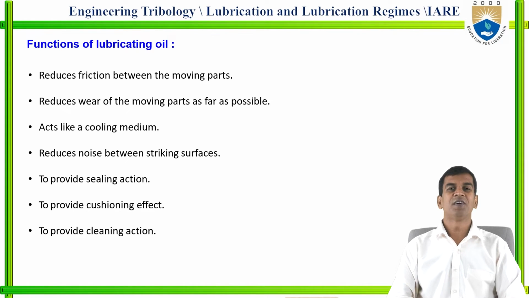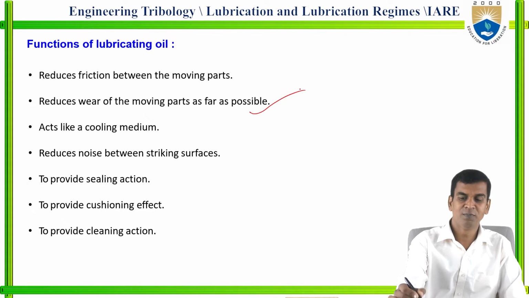What are the functions of the lubricating oil? The function of the lubricating oil is to reduce the friction between the moving parts and to reduce the wear of moving parts as far as possible.